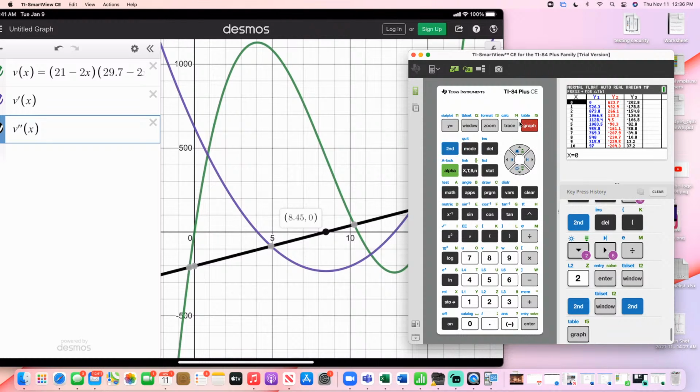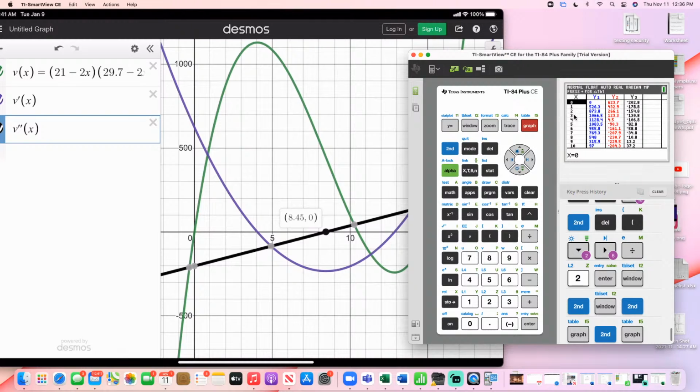They give you the value of the original function, first derivative, second derivative. Everything is right there in front of you. You just have to click second graph. Second graph is going to give you a table. So the table is right there and has every single value you need.